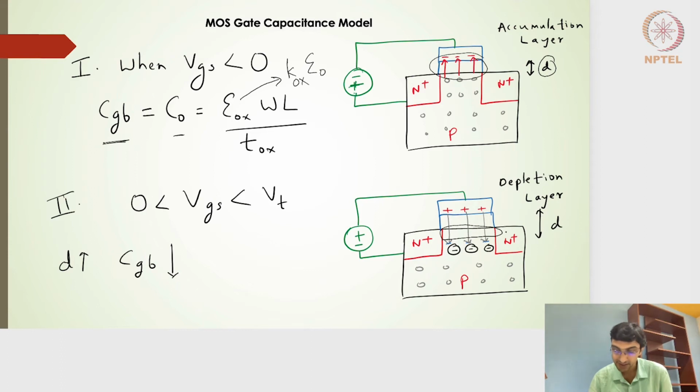My overall parallel plate capacitance distance is going to increase, because it is not only the thickness of the oxide but also some more distance where there is a vacancy of carriers. So if this overall D value, the distance between the parallel plates, increases, the CGB value, the gate to body capacitance, is going to decrease.